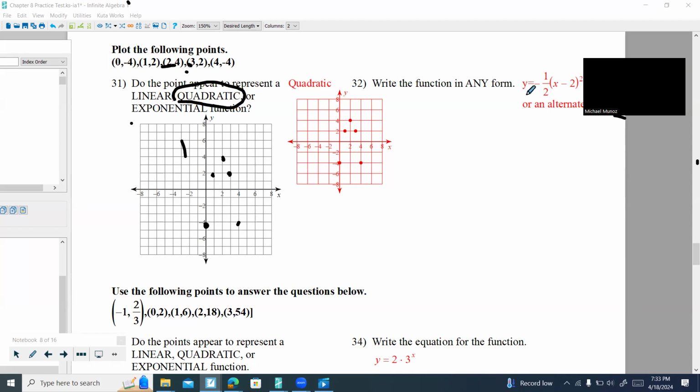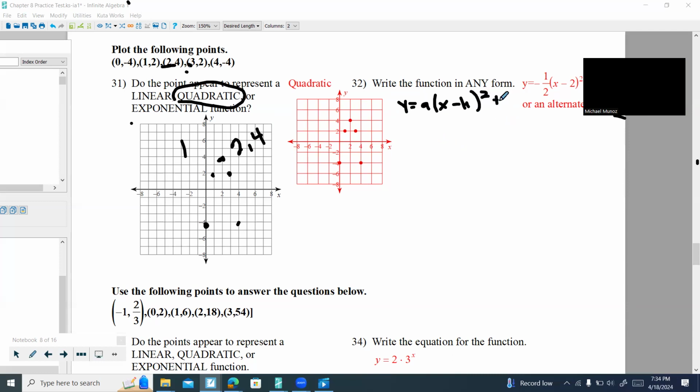And then it says write the equation in any form. You could do it any way, but the easiest form, since we got our vertex, is our vertex form. And our vertex right here is 2, 4. So that's our vertex. So since we know that, we're just going to plug that in. We got to use our vertex formula, which is y equals a (x minus h) squared plus k.